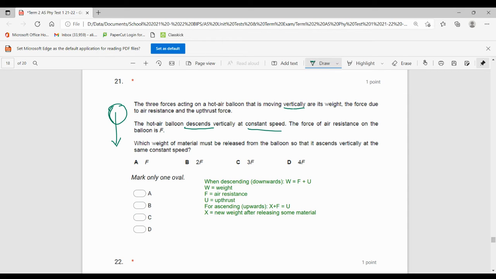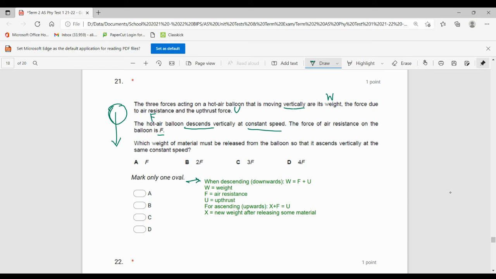Now, when something is in equilibrium, the total resultant force on it is zero. So let's just talk about the forces acting on it. We have the weight. We will label it with a W. Force due to air resistance has already been given to be F, and upthrust we will just give it a variable U. So when it's descending, the equation will be total downward force equals total upward force, since it's moving downwards, air resistance always opposes the direction of motion.